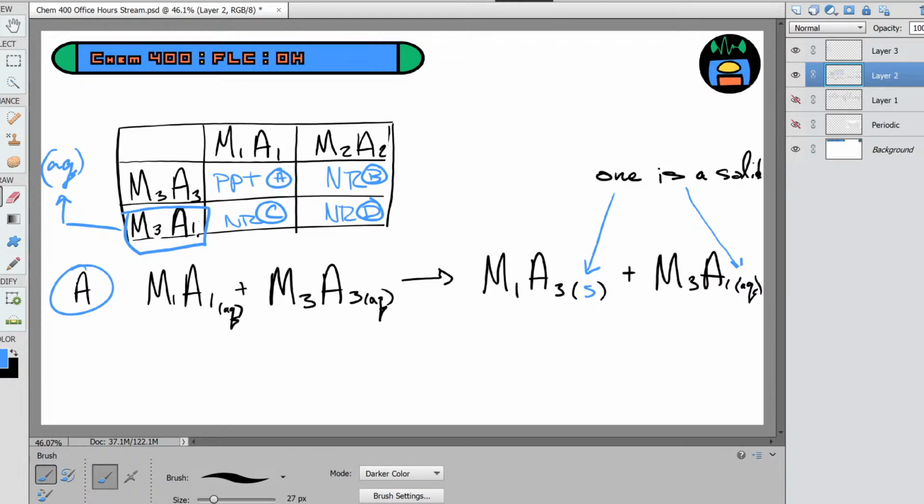All right, and then you start looking for trends. For example, you start asking questions like this. So you notice we've got an anion and a cation here.